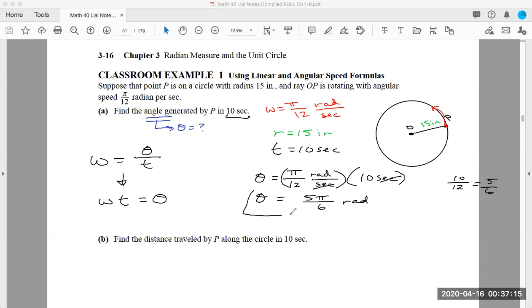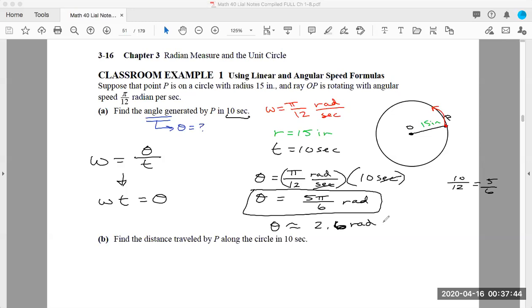If it doesn't ask you to leave it exact, you can decimal approximate that. So 5 pi over 6 is about 2.6 radians.